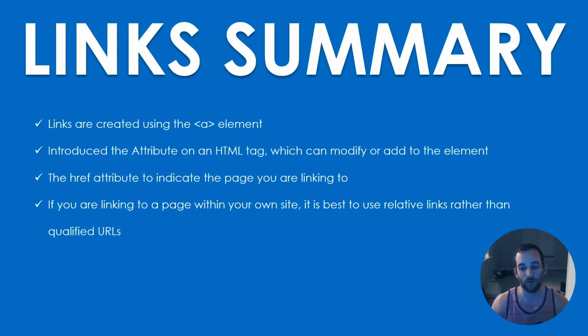And if you're using a link that's within the same website, you want to use relative links rather than qualified URLs or absolute URLs. So instead of saying http www.blah.com, you can just use the actual file name, so about.html or contact.html that we just used.